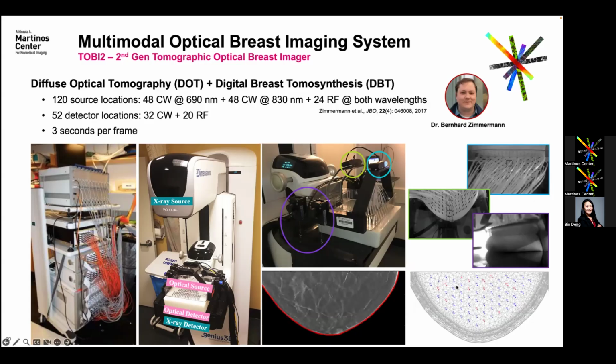So you can see these little dots here, those are source fibers. On the other side of the breast, there are the detector fibers. Basically we're using the measurements of different source-detector combinations to resolve the internal structure of the breast.